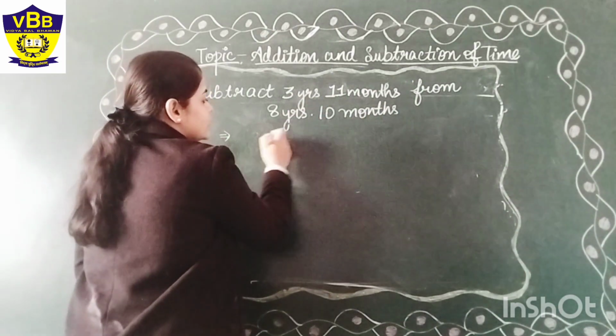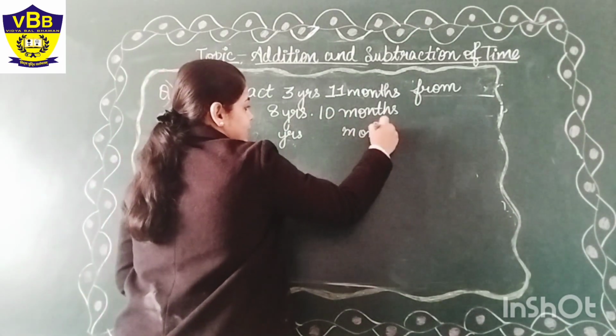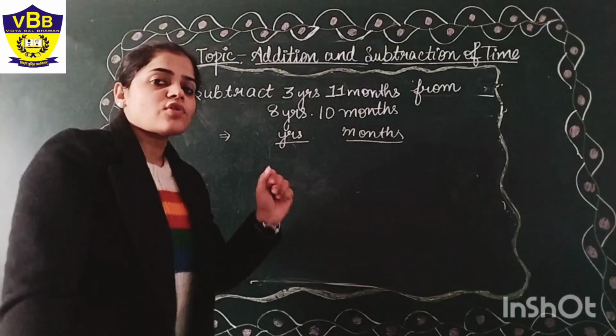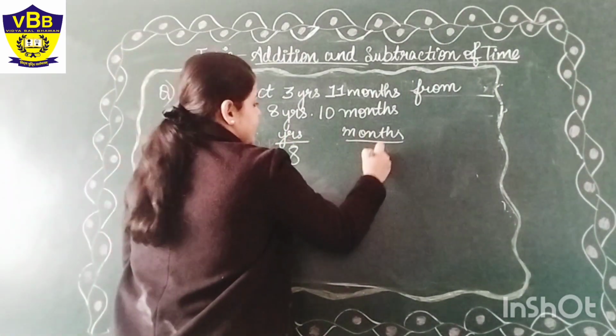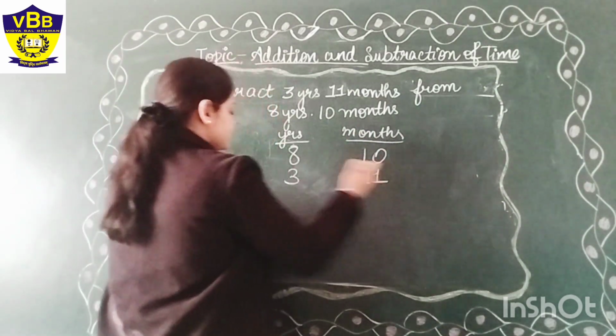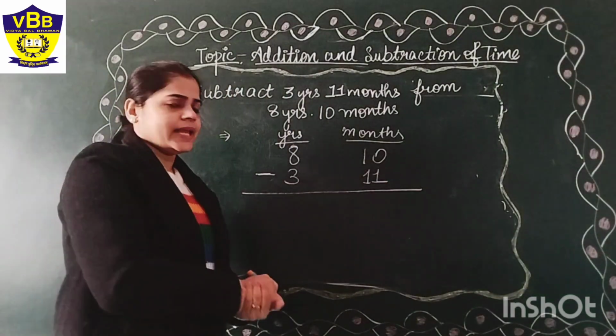We will again do the same thing. We will make the columns separate, years and months. There are only 2 units, so we will make rows of 2 units. That will be 8 years 10 months, 3 years 11 months, and we will subtract this. But tell me one thing.